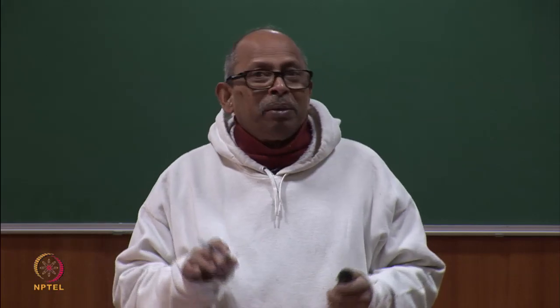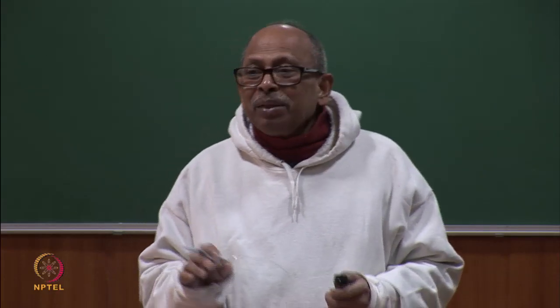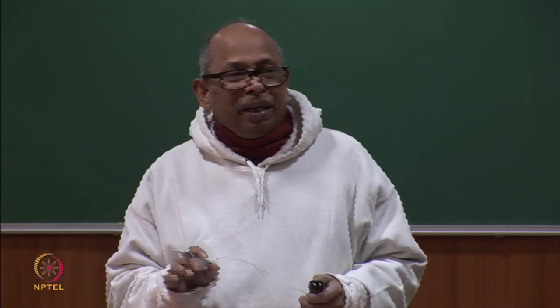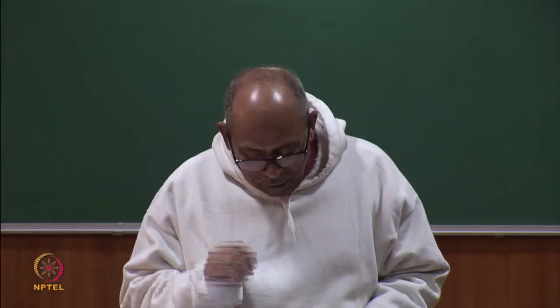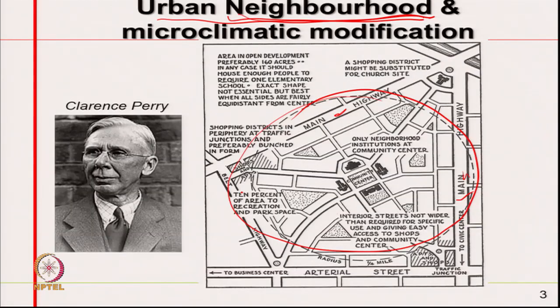The judicial system and others came in, and they said the school should be within a certain distance, right. Otherwise, it was all messy. But in any case, according to his concepts, the primary school is the focal point, so it should be somewhere here. Such a neighborhood, all right.